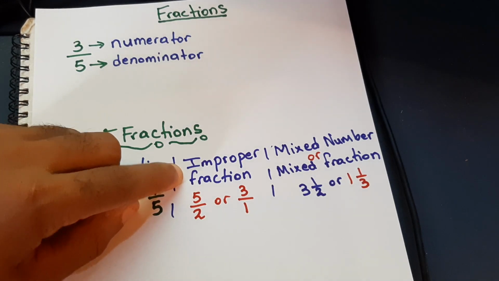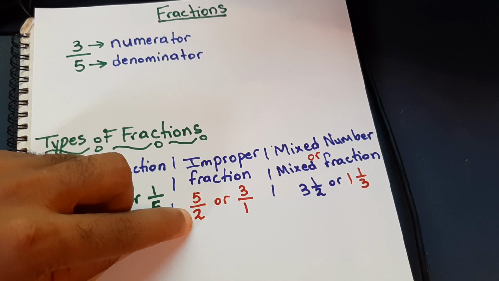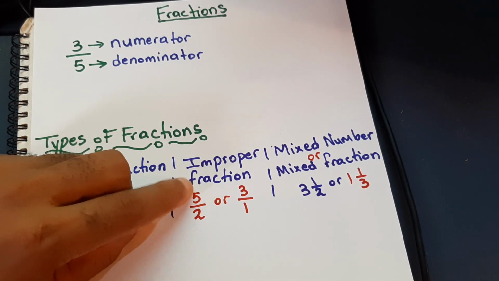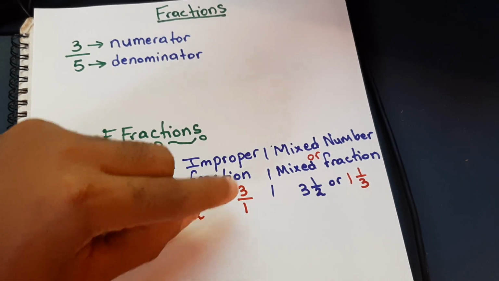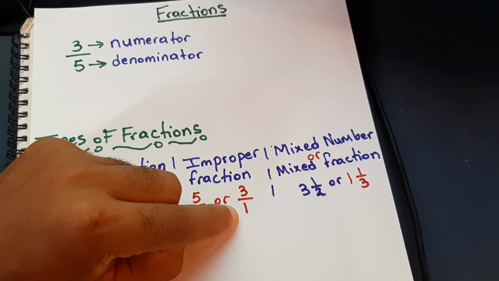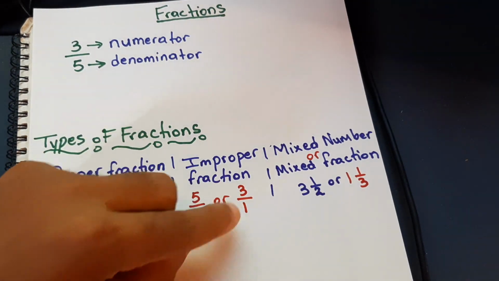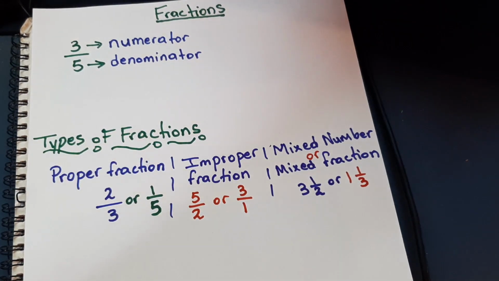An improper fraction is when we have the numerator bigger than the denominator. So we have two examples here, 5/2, or we can consider this as a fraction in a sense, saying that it's an improper fraction. But remember, it can represent a whole number, and a whole number is not a fraction.